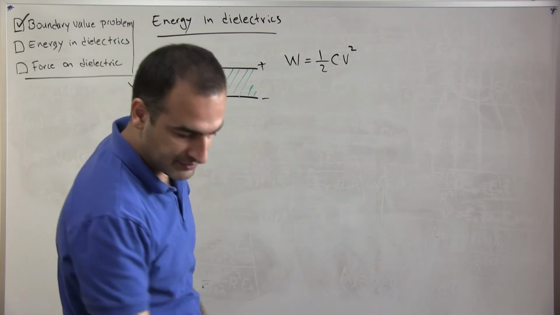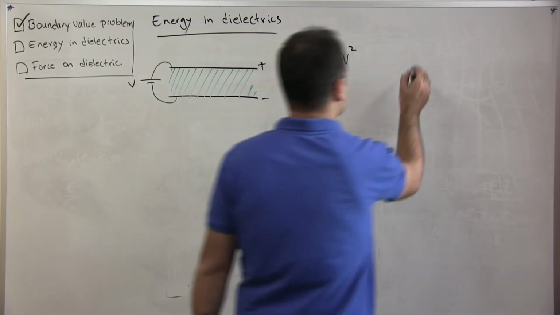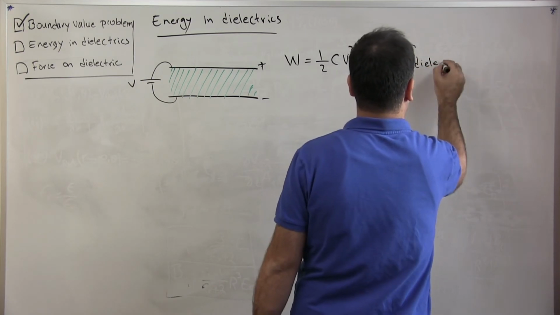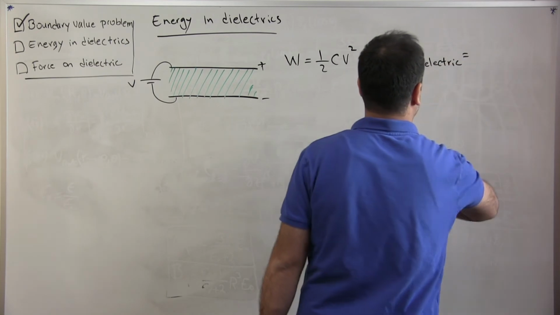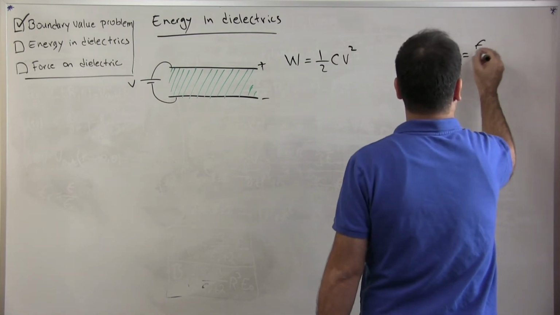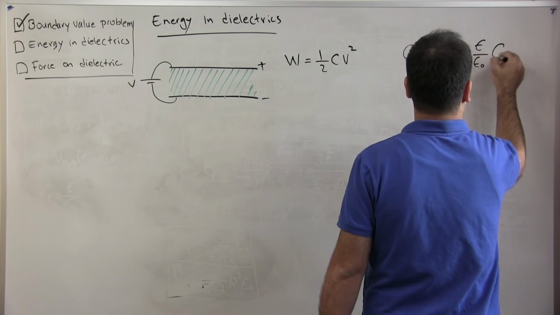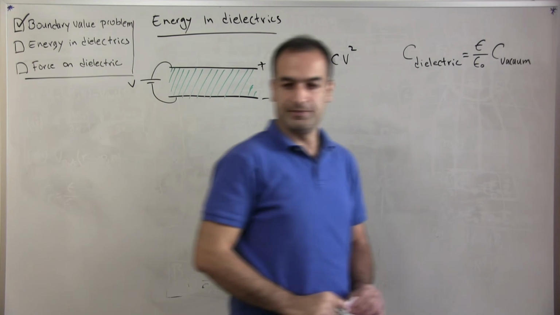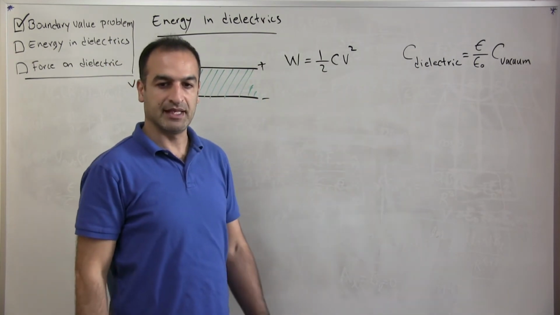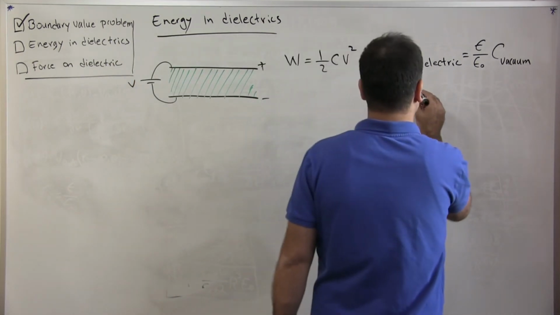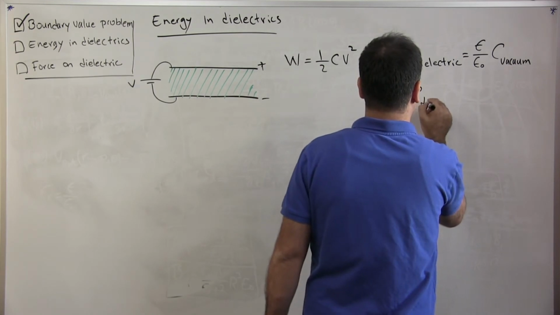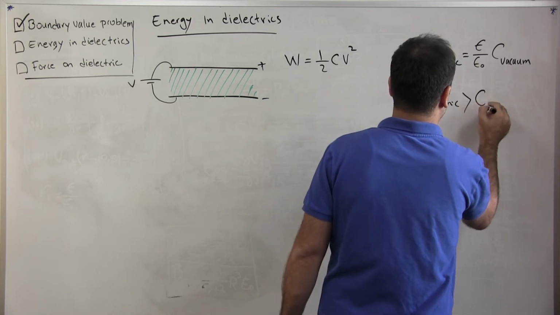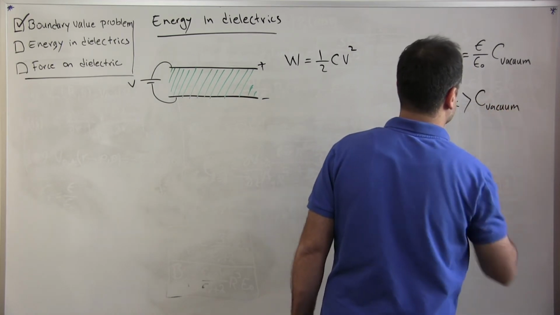If you follow the discussion we had on Tuesday, the capacitance with dielectric is equal to epsilon divided by epsilon naught times the capacitance in case we have vacuum in between the plates. So this tells us that if you put a dielectric, we always get greater capacitance.